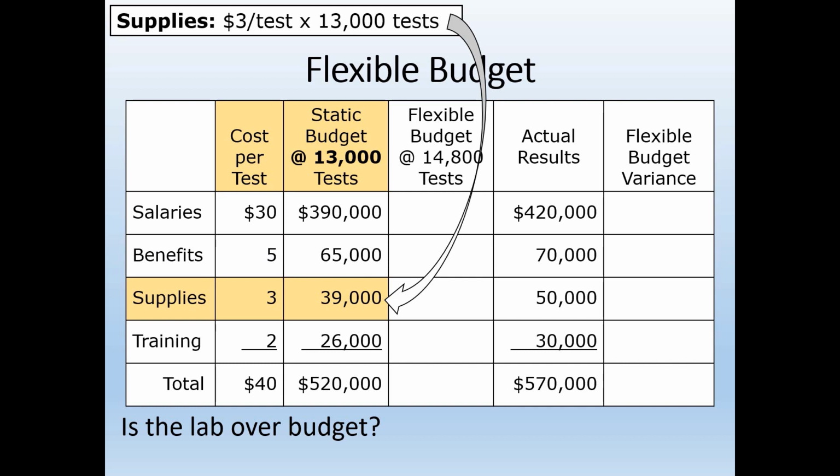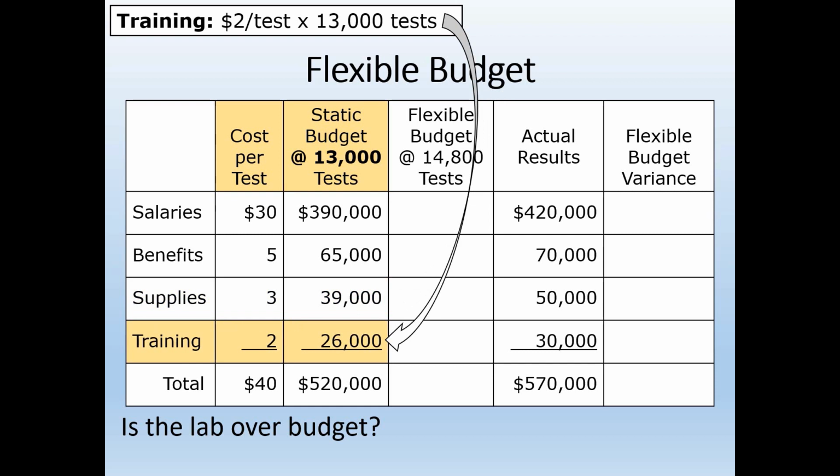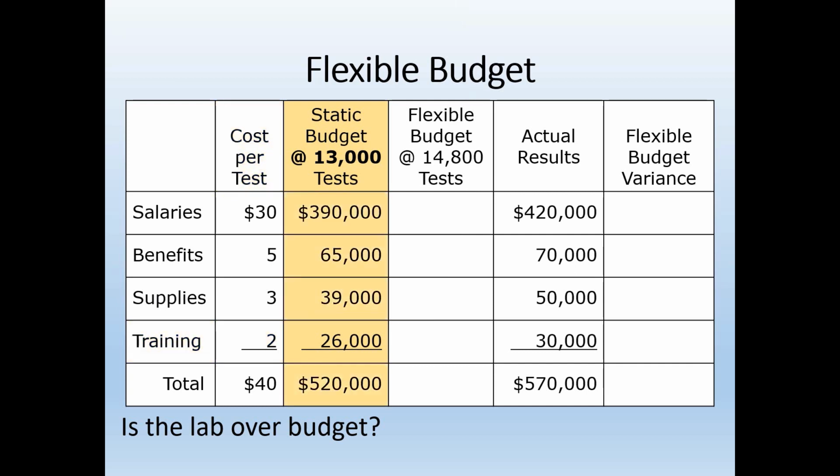Similarly, the supplies cost was estimated at $3 per test times the 13,000 tests, and training was $2 per test times the 13,000 tests. In other words, the numbers in the static budget came from somewhere.